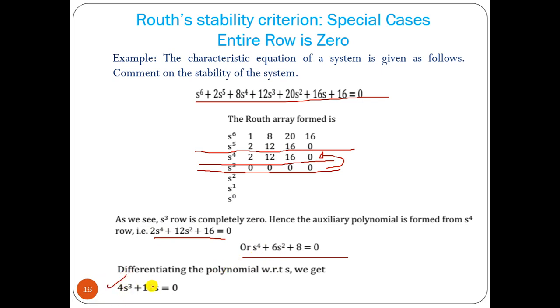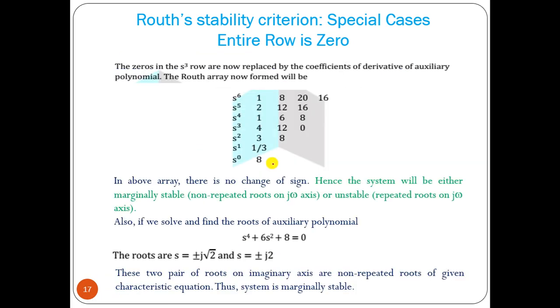Now we can put this 4 and 12 in the entire zero row, and we can solve the problem. Then if you solve, you will get this result.